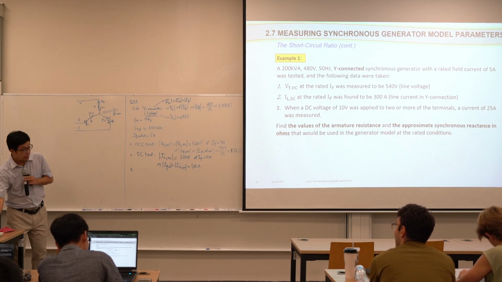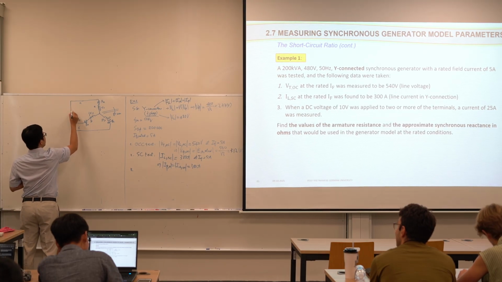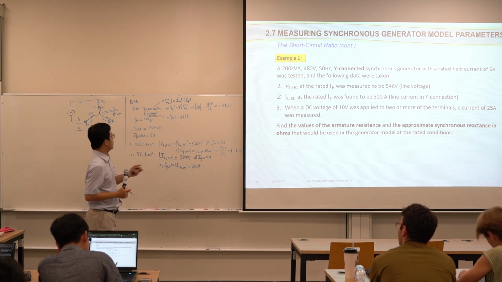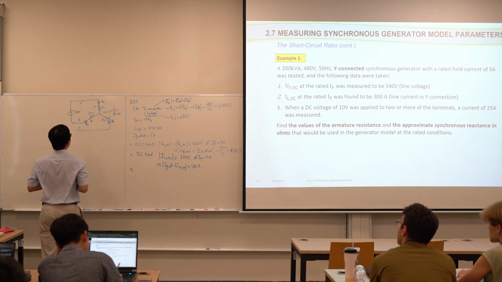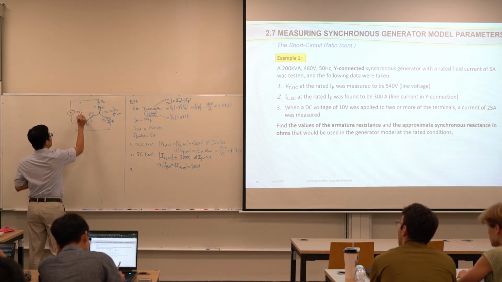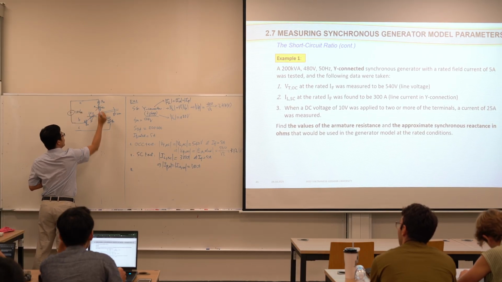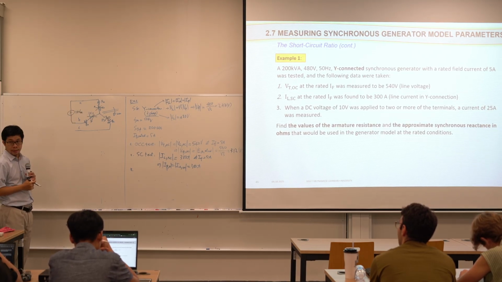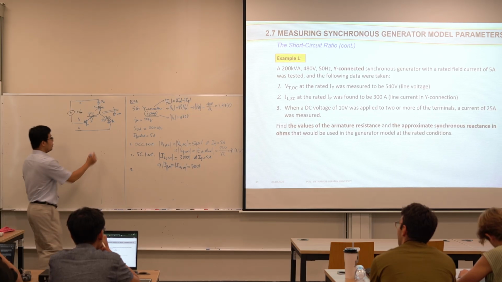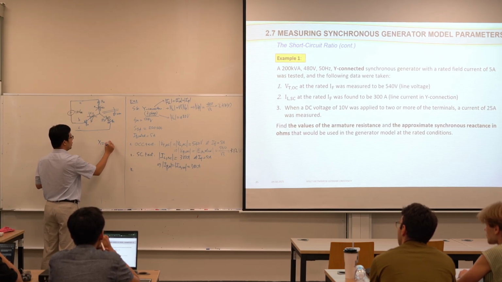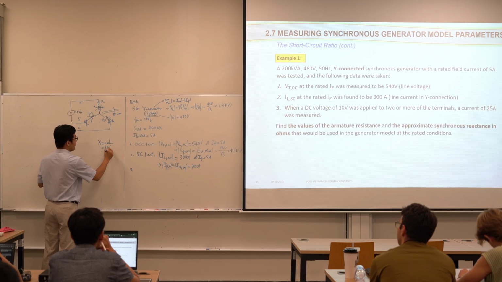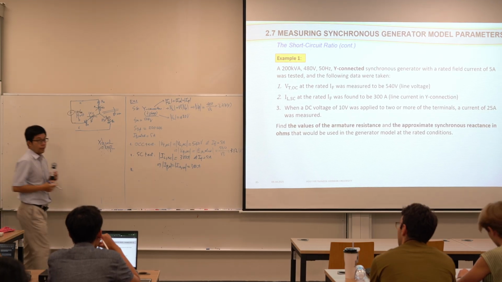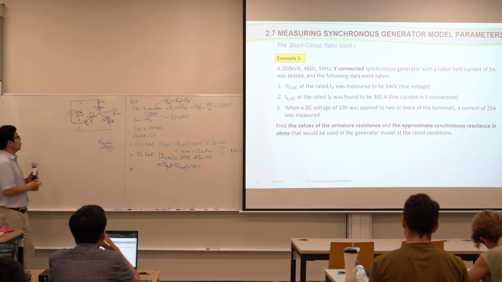So they supply DC voltage, 10 volt. Because this is DC, we don't care about jXS. Do you know why? Because X is omega L, omega means 2 pi f L. This is DC, so f is 0. So we don't have X.